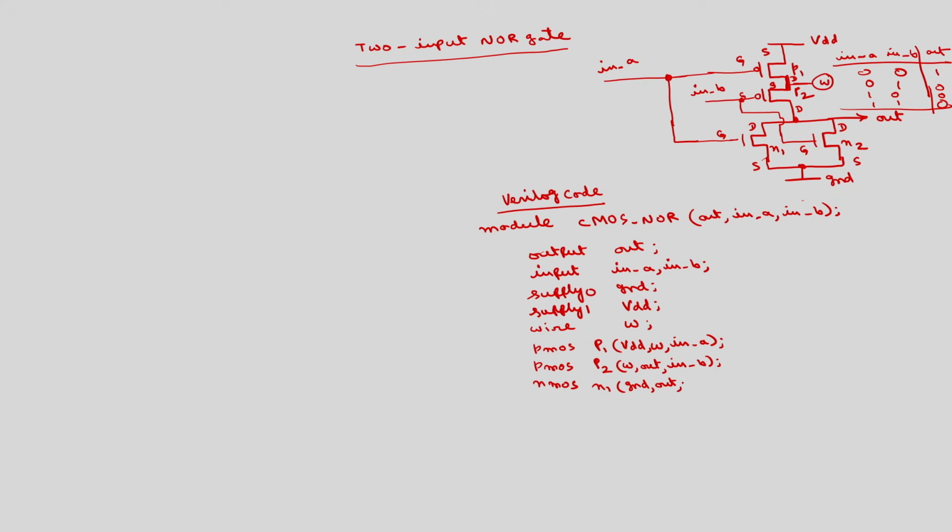Gate will be, in case of N1 it is in A, in case of N2 it is in B. This is end module.